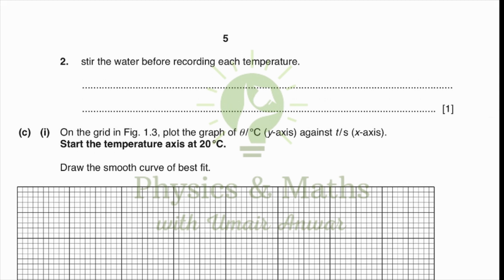Number two, stir the water before recording each temperature. So stirring is important here because it ensures that the heat energy is uniformly distributed within the water. The region surrounding the thermometer should have the same amount of energy as the remaining portion of the water. If that portion has lesser energy, then the temperature shown would be lesser than the actual one, or if the portion surrounding the thermometer has larger amount of energy as compared to the other areas or regions of water, then that is going to give us a larger reading than the actual one.